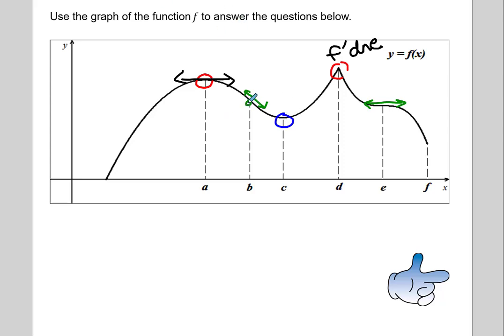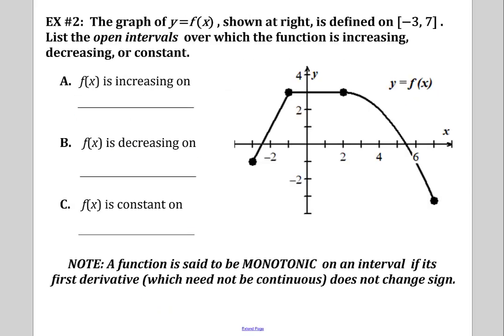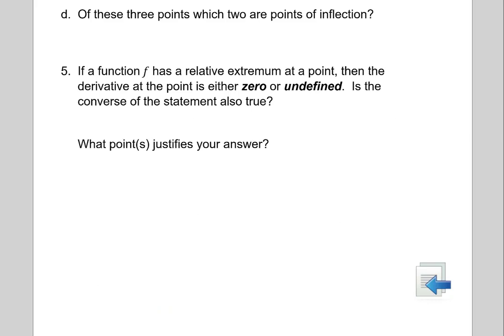So letter B would be a point of inflection, and same thing at letter E. So B is a point of inflection and E is a point of inflection. Concave down, concave up, concave up, concave down. So that would be at x equals E and at x equals B.